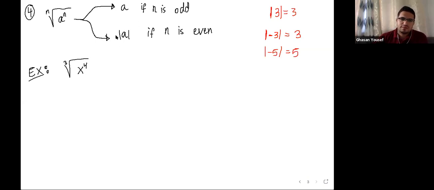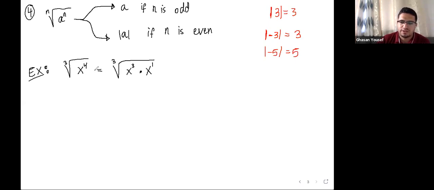To solve something like this, we have to split the x to the power 4 into two pieces. So I get the third root of x to the power 3 times x to the power 1. Actually, x to the power 3 times x to the power 1 is equal to x to the power 4.